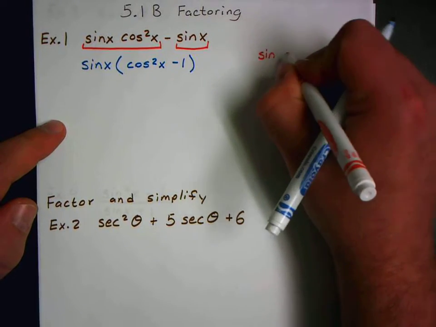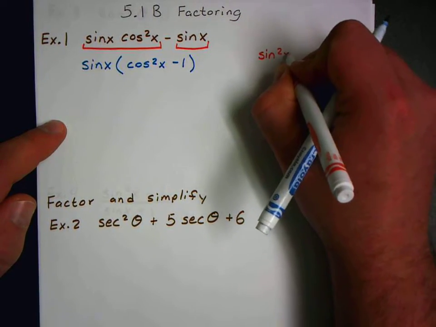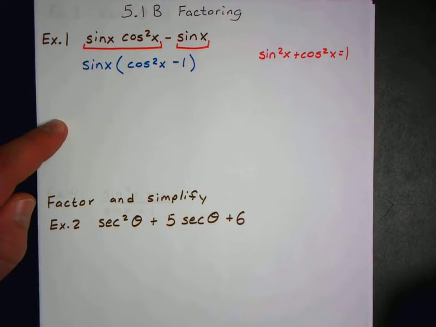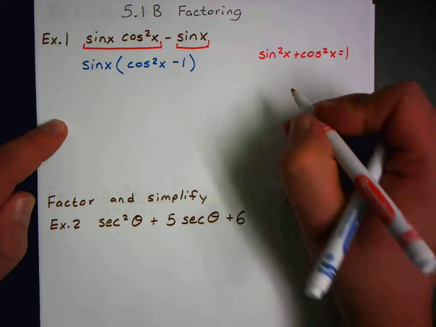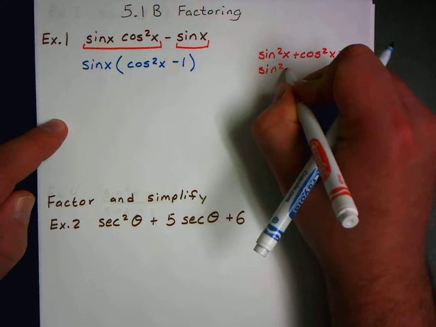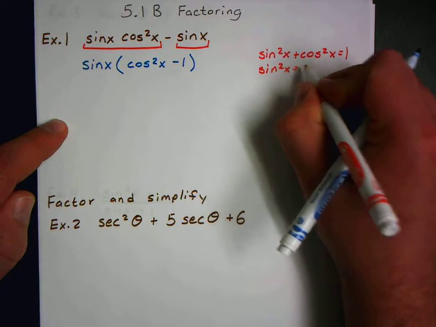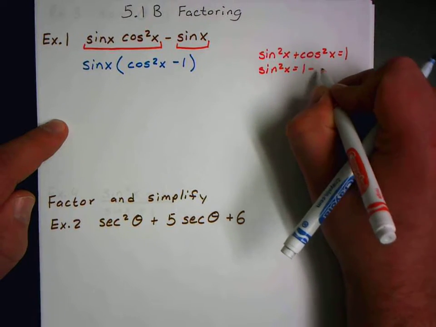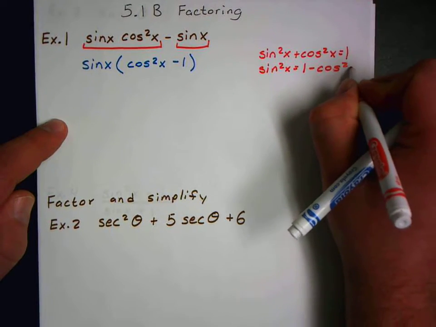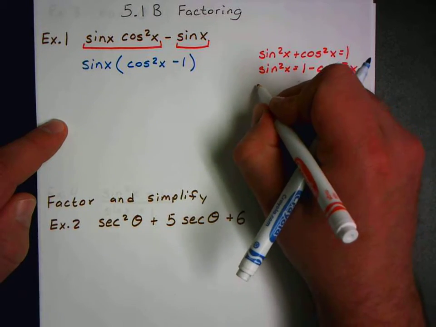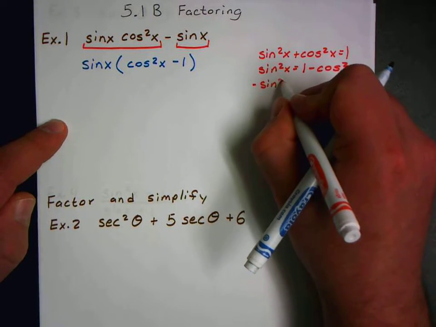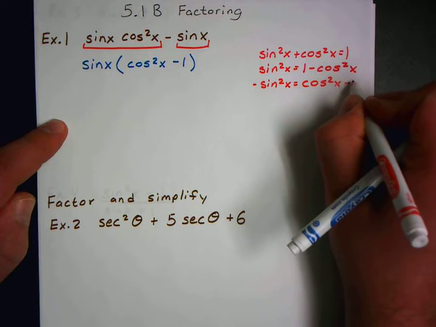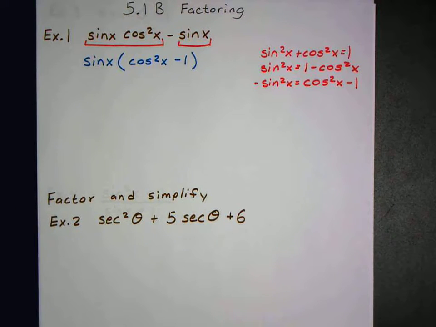Okay, just since it's been like a week since we've had it, this is a Pythagorean identity. I can subtract the cosine squared from both sides. If I multiply both sides by -1, I can get that.